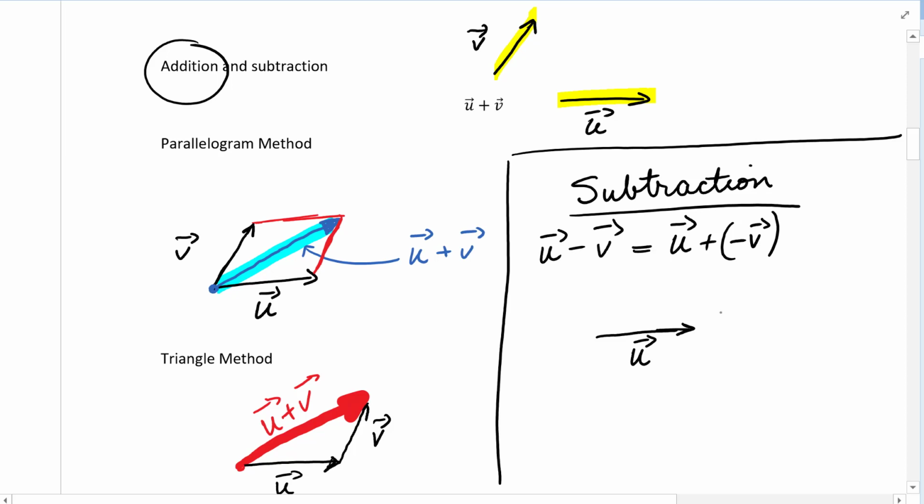So I am going at the end of U and draw negative V. So this would be negative V. When we connect these two, we actually get U minus V, because we used the triangle method for addition, but we added the opposite.